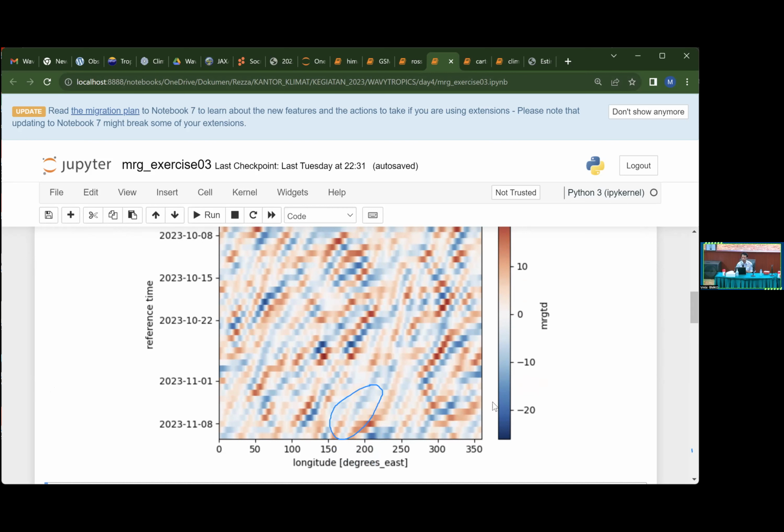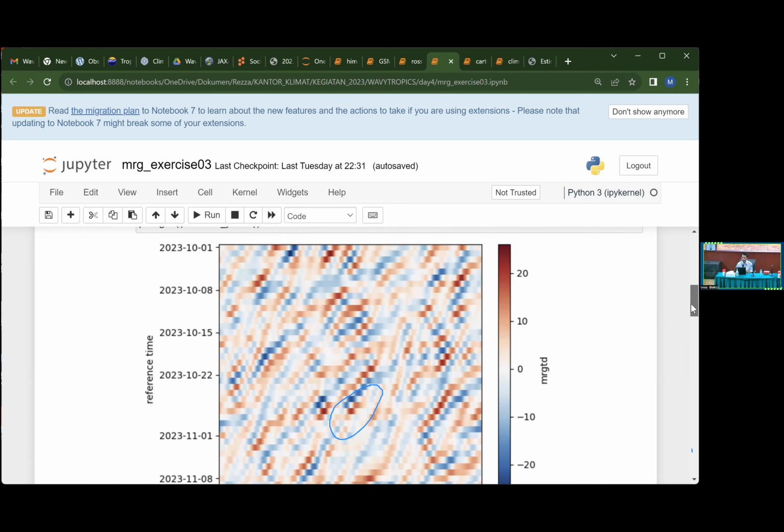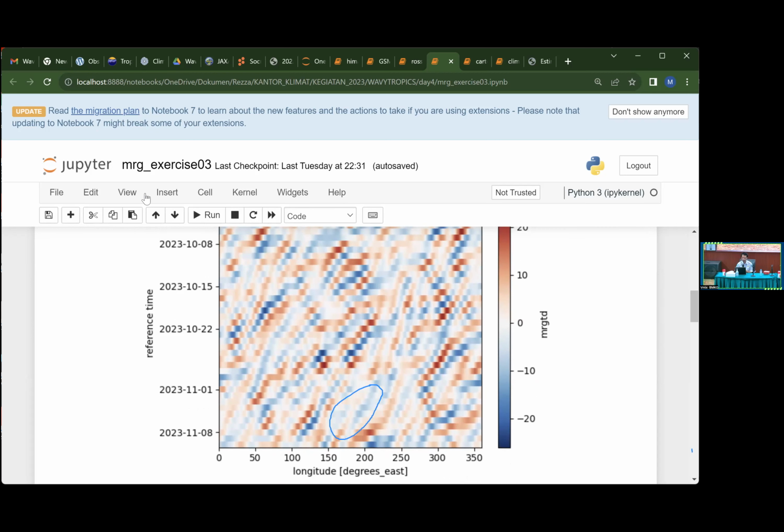So Papua New Guinea is over here, over this area. And I guess here corresponds to the MRG wave.